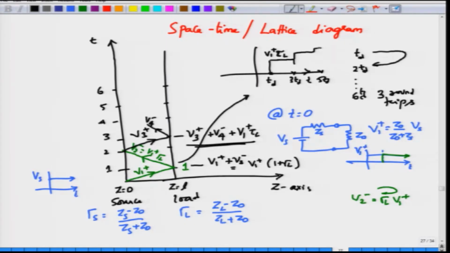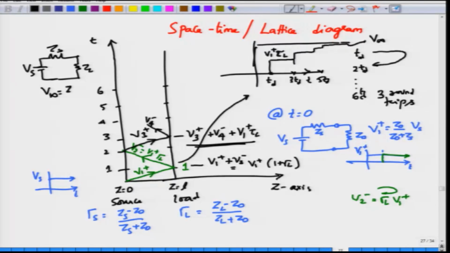Perhaps the jump will be smaller, and eventually after certain jumps you will reach a final, asymptotic value. If you call this V infinity, that V infinity is simply given by ZL connected to Vs. That is the value that you are going to see. V infinity will simply be ZL by (ZL plus Zs) times Vs.